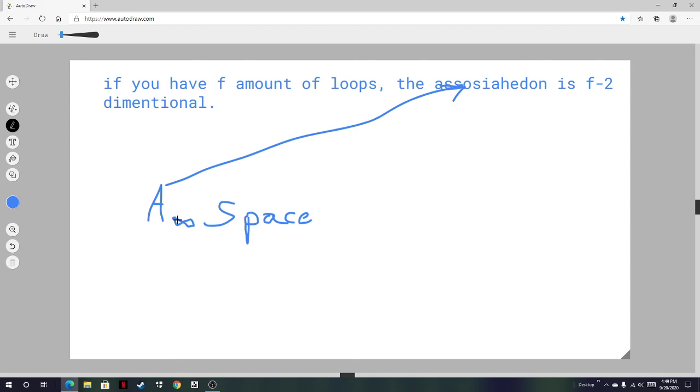And then infinity is for the eventual infinite amount of loops you can have. That is what associahedra are. So that is the video.